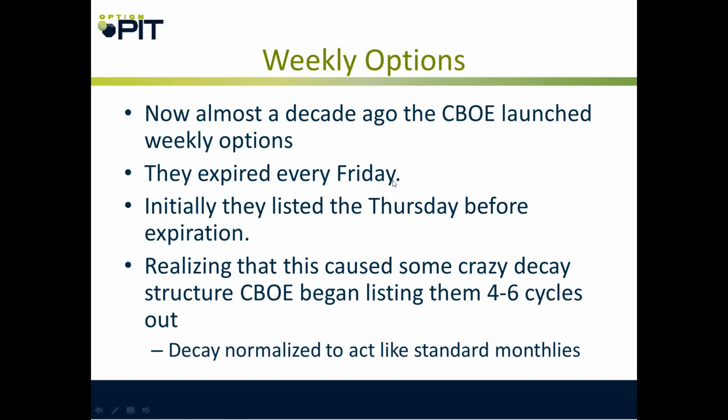So at any given time, in a regular equity option, there are usually 5 or 6 weeklies that get listed 6 weeks out. 6 weeks out, there's not really as much decay around all those options. So they don't have this crazy structure.